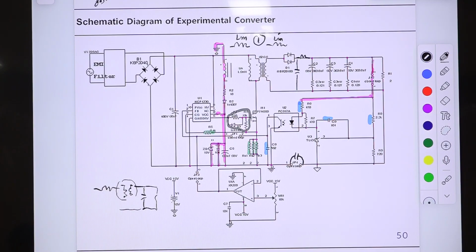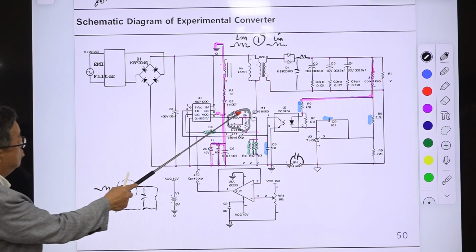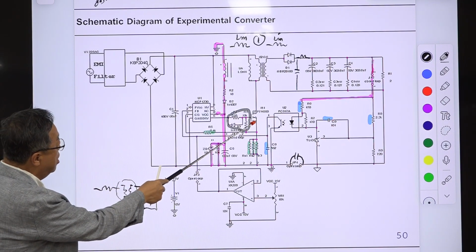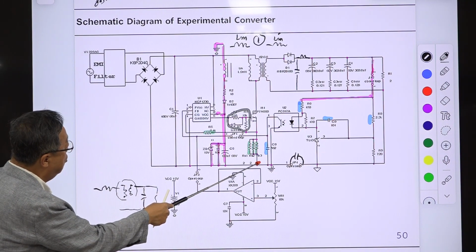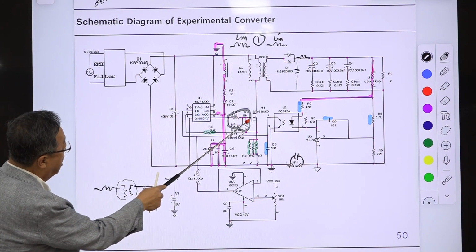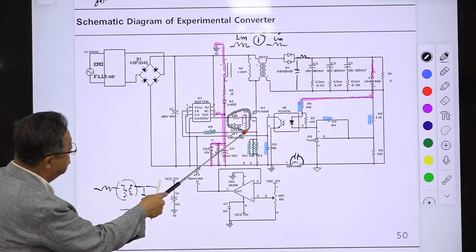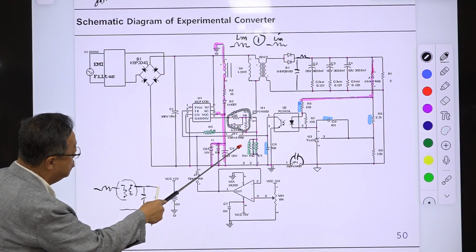Okay, so this is the second one, and another one is related with this. If you take a look, this is the main switch, this is a current sensing network, and this is a gate drive circuit, and the gate drive circuit can be connected to the ground.